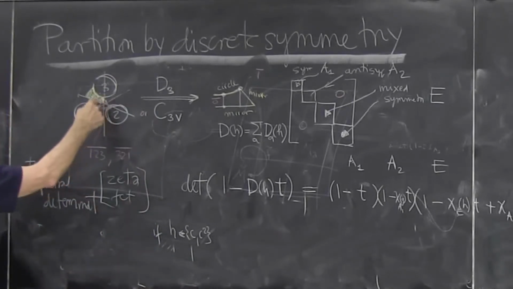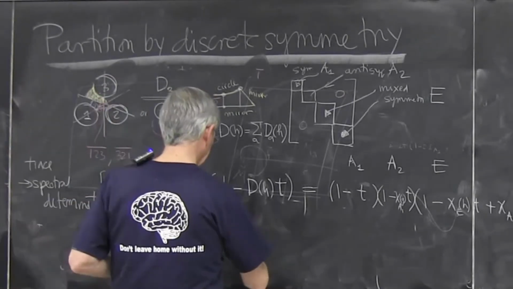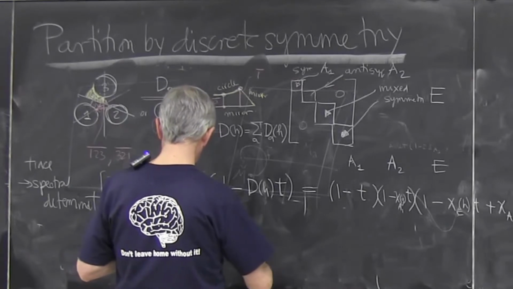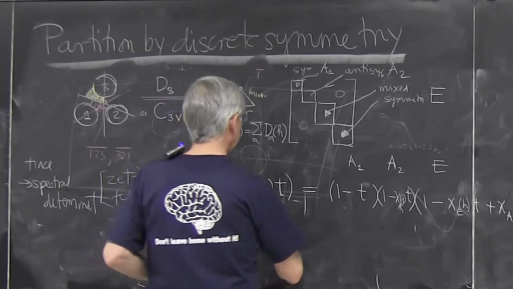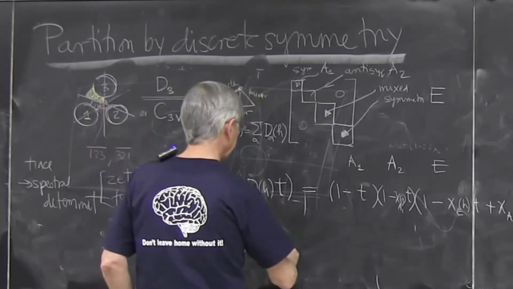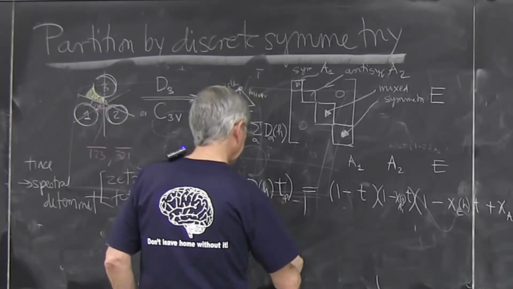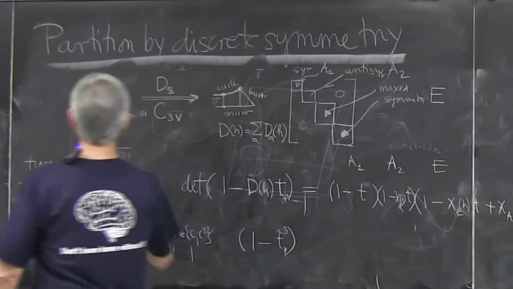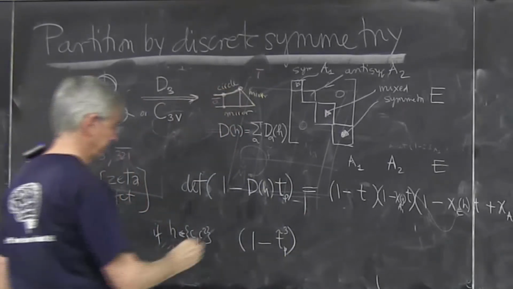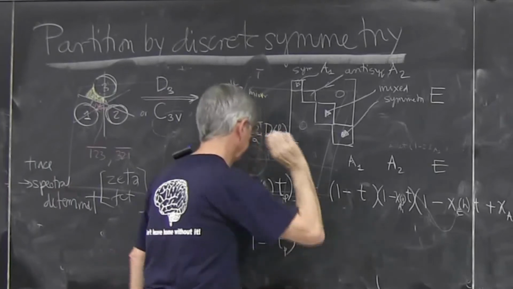So the simplest example is this cycle here. Then on the left-hand side, what you get is 1 minus the prime cycle repeated 3 times. So there's a cube here, and there are 2 of them. So you get a square here.